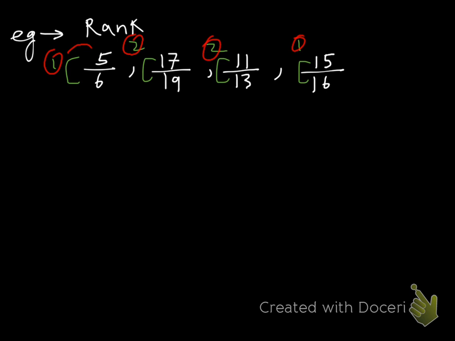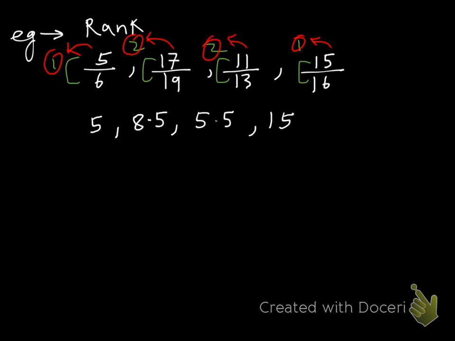What you need to do is divide the numerator, which in the first case is 5, by the difference: 5 by 1. Then similarly 17 by 2, 11 by 2, and 15 by 1. So dividing the numerator by the difference, we get 5, then 8.5, then 5.5, and then 15.